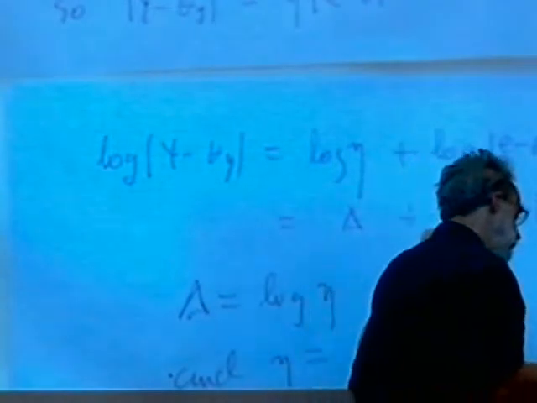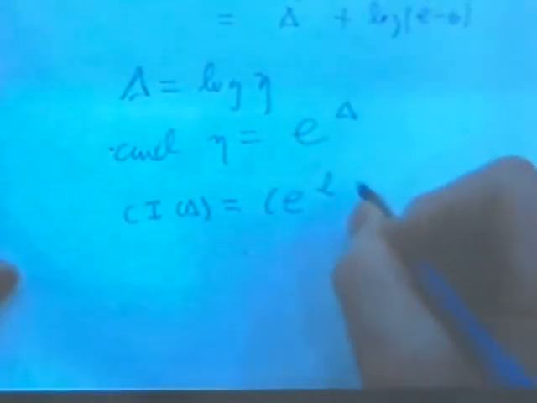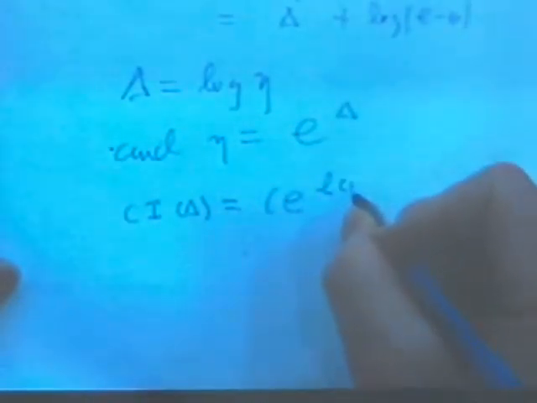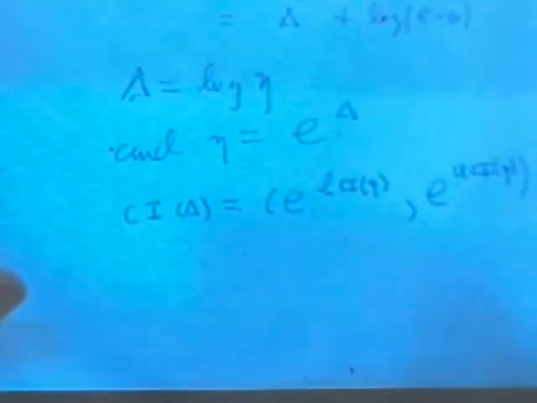The exponential is an increasing function, so I can do the same thing with the confidence interval. So the confidence interval for eta is just e to the lower CI from delta, e to the upper CI. And this is the process I have to look at.